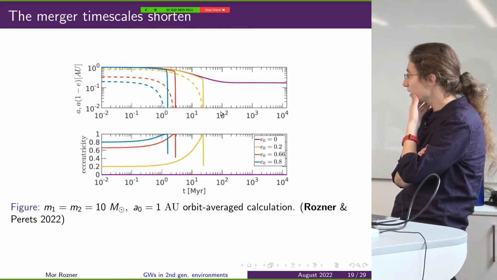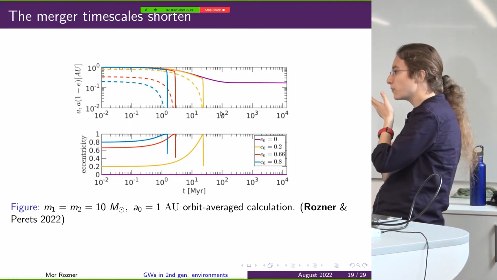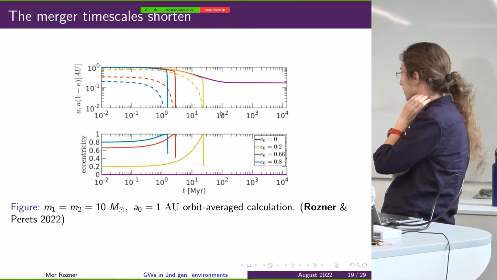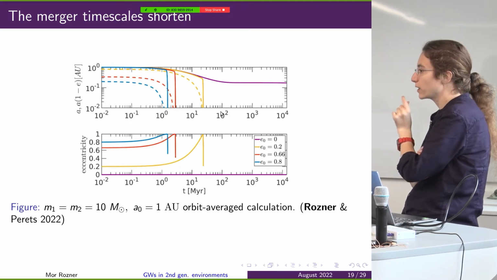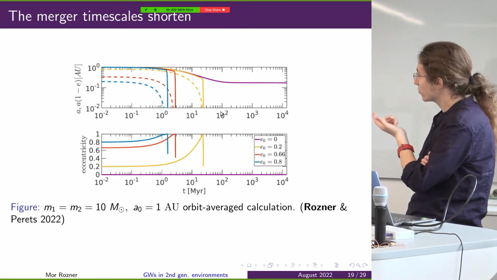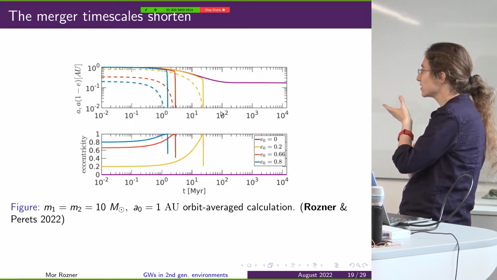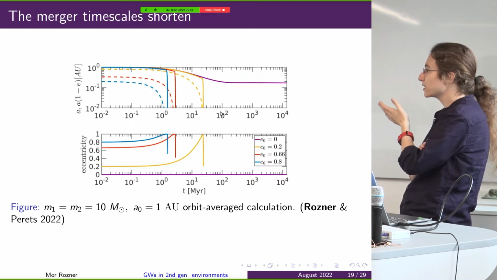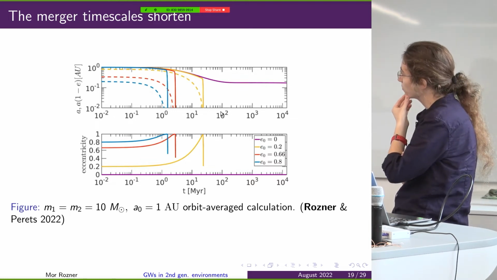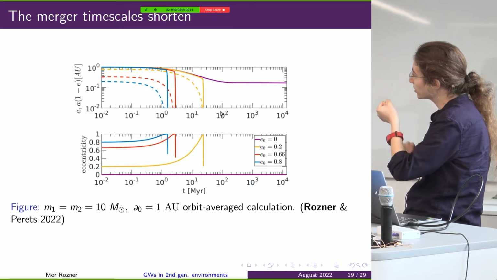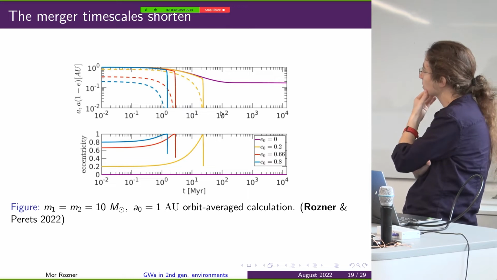But it's not the case here, and it scales with the density profile of the disk or globular clusters or whatever, and it turns out that you have a critical power law from which you will have circularization, and another one from which you will have eccentricity excitation. So in this case, you actually get more and more eccentric. That's for a flat density distribution. And as you get more and more eccentric, your pericenter is smaller, and then you emit gravitational waves on a shorter time scale.